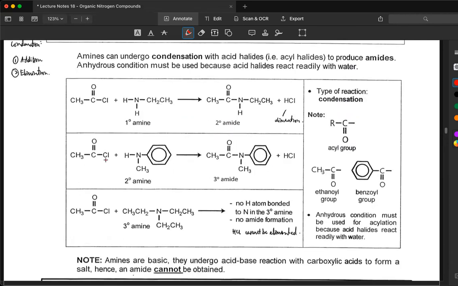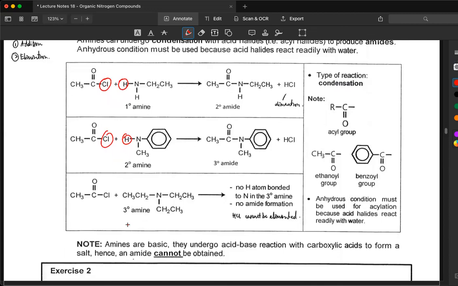More examples: the acid halide can react with secondary amine as well to form the amide bond. But with the tertiary amine, there's no formation of amide because there's no hydrogen from the tertiary amine. So the type of reaction is called condensation.